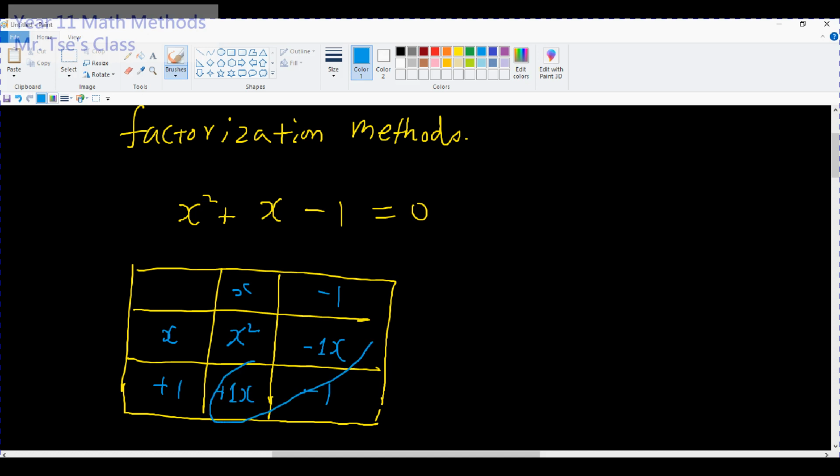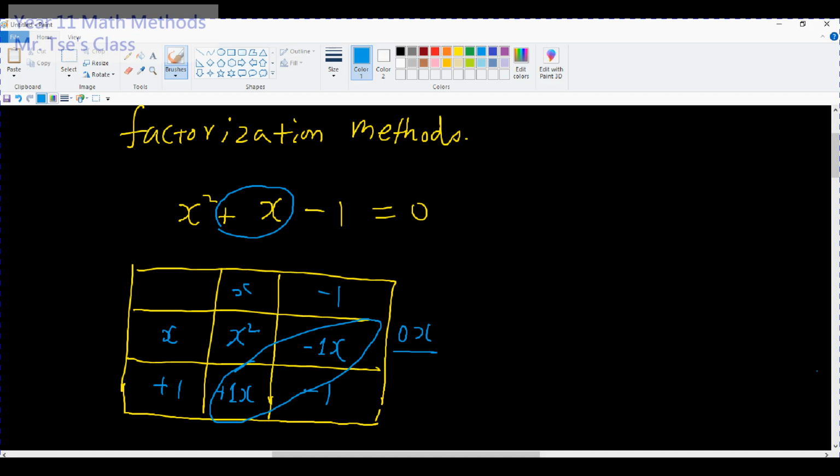Okay, so these are two like terms. You need to add them up. Plus 1x minus 1x, so it becomes 0x, so that means there shouldn't be any term of x because they just cancel out. But your middle term is plus 1x. So that means tabulation just can't work, because that's the only possible way to put numbers in the table, but it doesn't work.